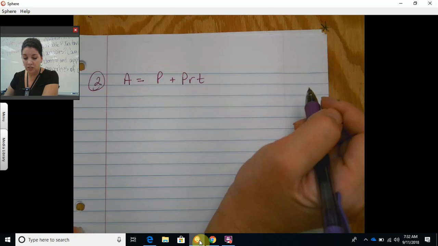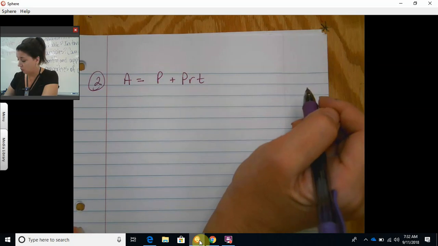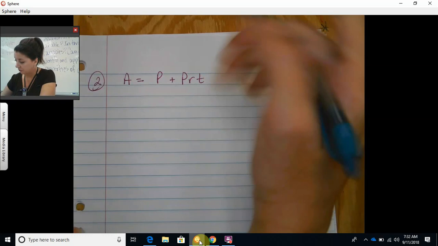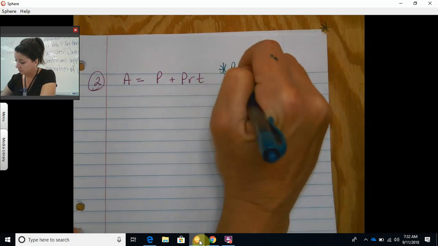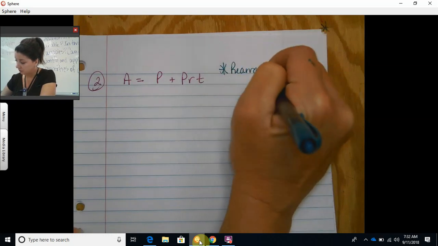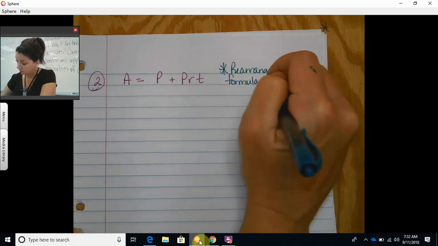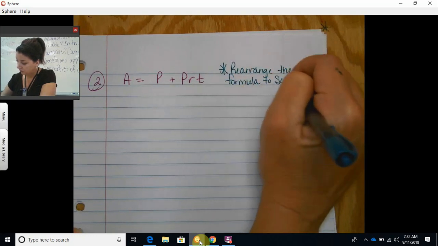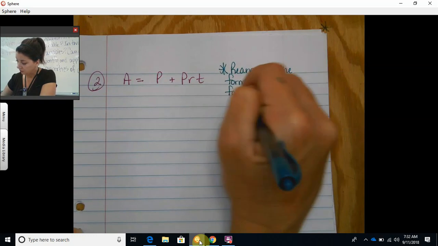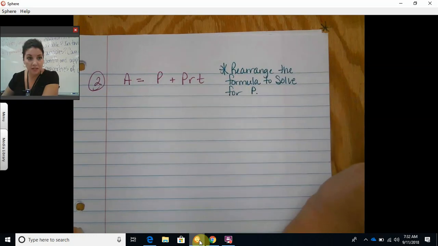And we want to rearrange the formula to solve for P. Okay, so right now the A is isolated. We want the P to be isolated.